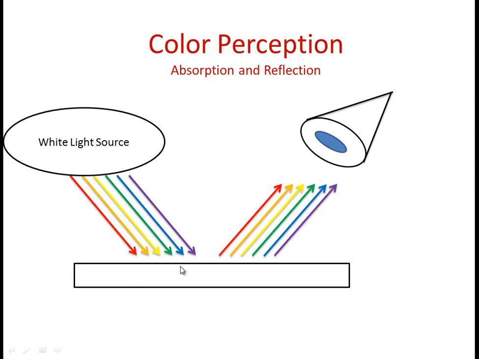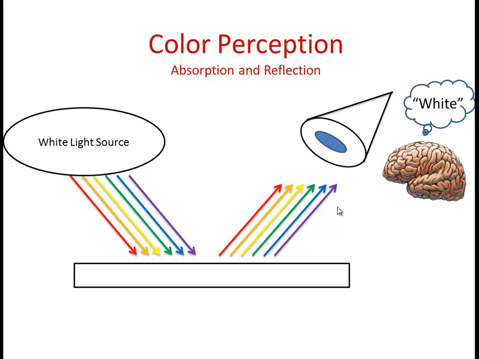So if you have an object that happens to reflect all the wavelengths of light coming from a white light source, like the overhead lights in our classroom, then if all of those wavelengths are returned and are impinging on the retina of your eye, your brain interprets that object as white.